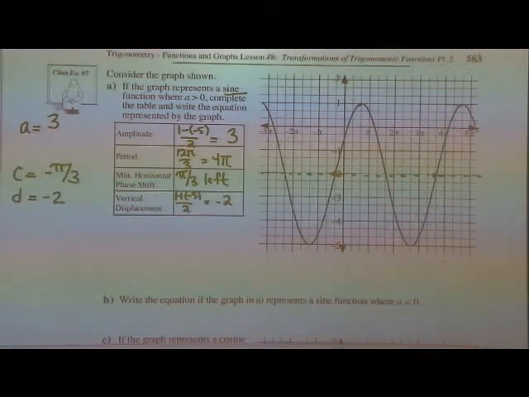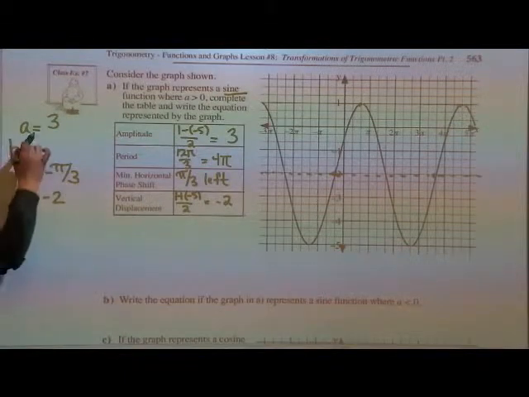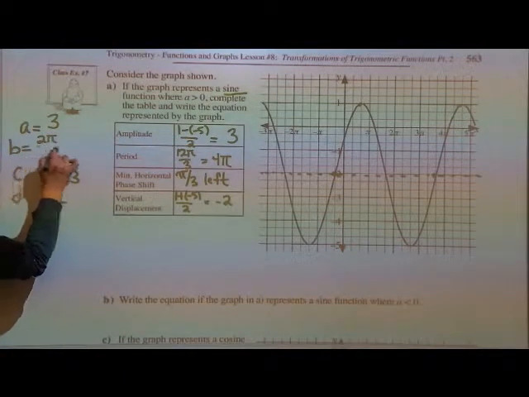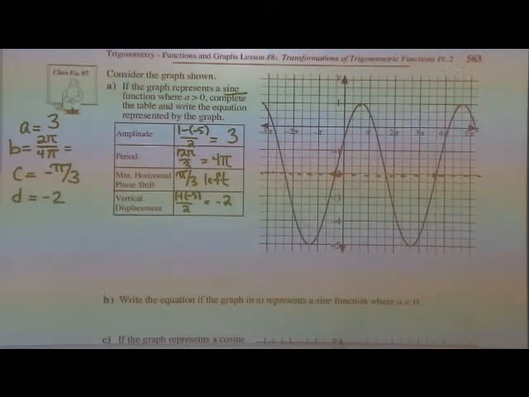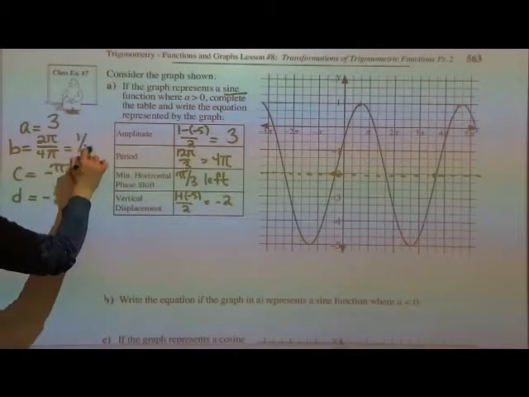And then B is, how do I calculate B? Two pi divided by the period. The period is 4 pi. So what's 2 pi divided by 4 pi? 1/2.